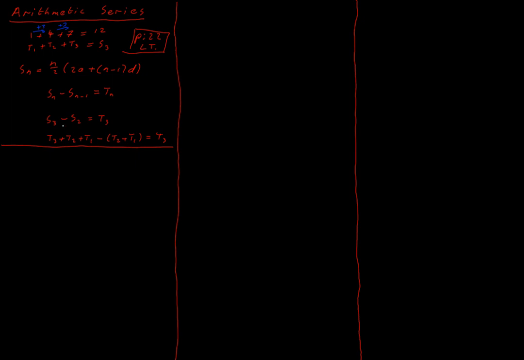To put that in more concrete terms, if we had the sum of the first 3 terms and we took away the sum of the first 2 terms, we must end up with the third term in our pattern. Why? Well, if I write out S3, I have term 3 plus term 2 plus term 1, and I'm taking away term 1 plus term 2. So these all cancel to 0, and I'm just left with term 3.